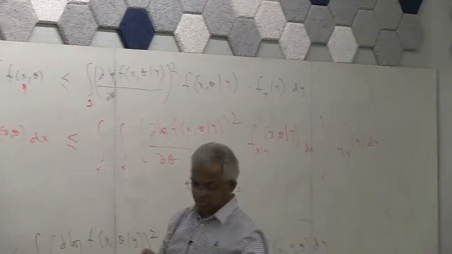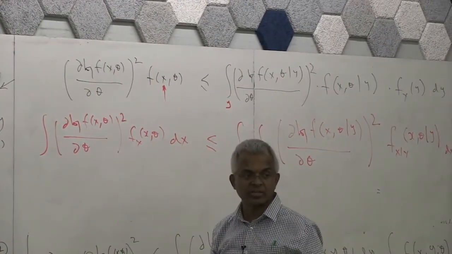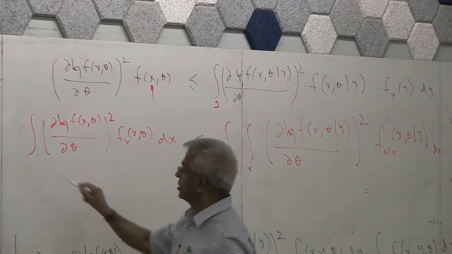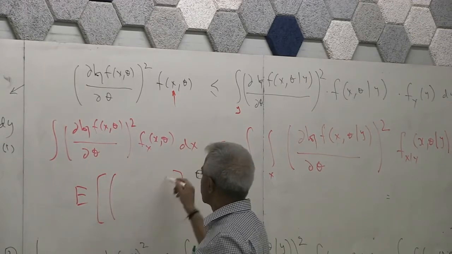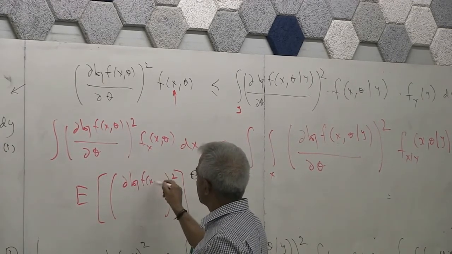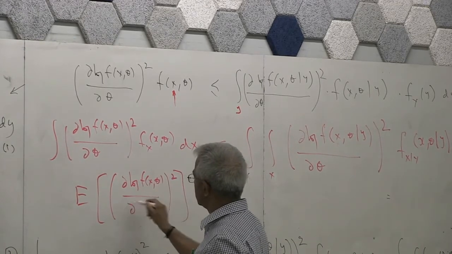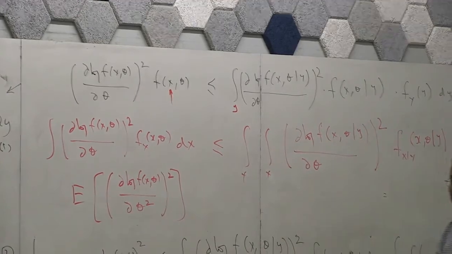Now look, so this is what? How do you write this? You can write this as expectation, right? So the left side is expectation of what? Expectation of this quantity, d log f of x comma theta d theta squared. Here you have a double expectation, a conditional expectation.